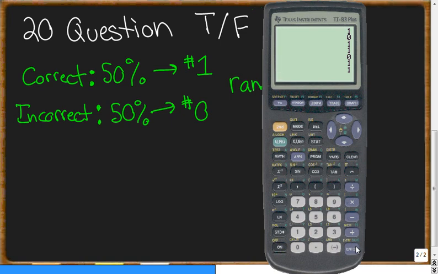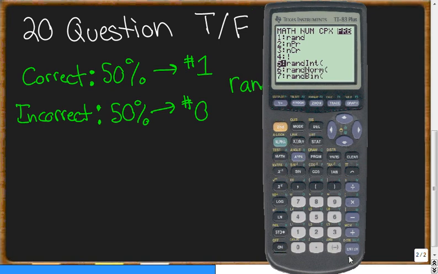Now, if you know how many times you want to run something, you could go back to your randInt feature. You go back to math, go to random integer, and pick 0, 1, and I want to run it 20 times.